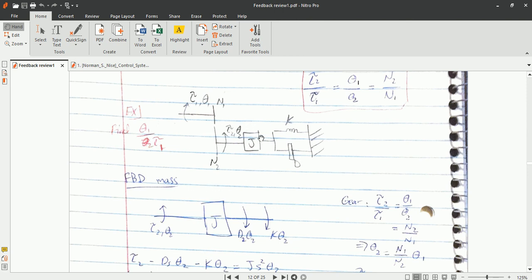If you make the free body diagram, you will get this force, K theta 2, in the opposite direction. It is opposing the rotation, like if you want to rotate it like this, it will oppose it. So you will have K theta 2.